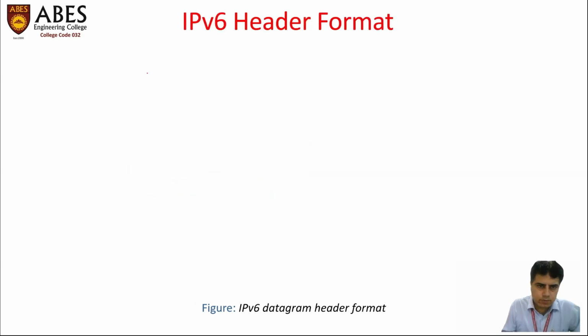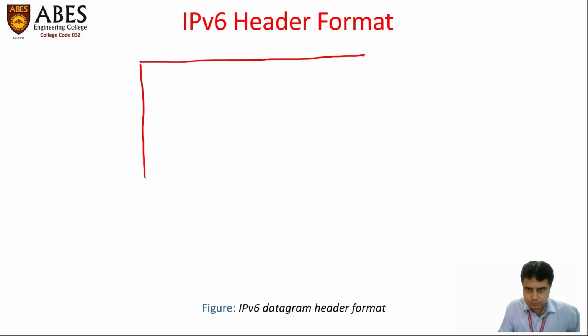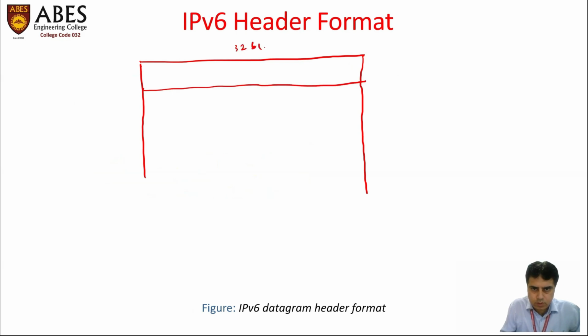Next is the header format of IPv6. First field is a 4-bit field which defines the version of the IP. Next field is a 4-bit field which determines the priority.